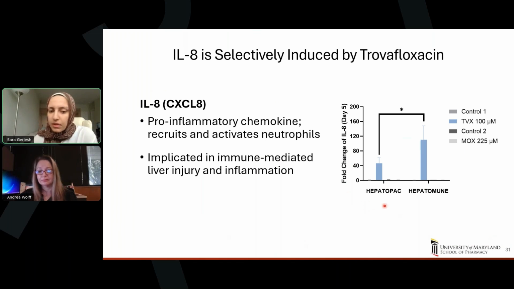In day 5, comparing HEPATOPAC versus HEPATOMUNE IL-8 secretion in response to trovafloxacin. And this shows that IL-8 level was significantly increased in HEPATOMUNE compared to HEPATOPAC versus moxifloxacin, which wasn't shown as a big change or increase in IL-8 level.